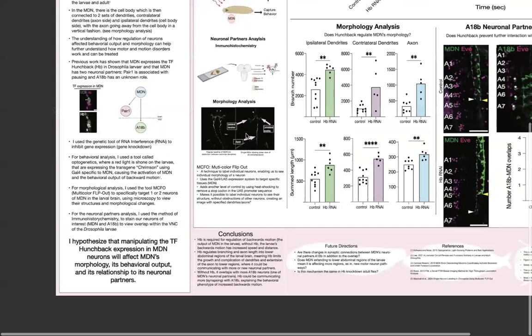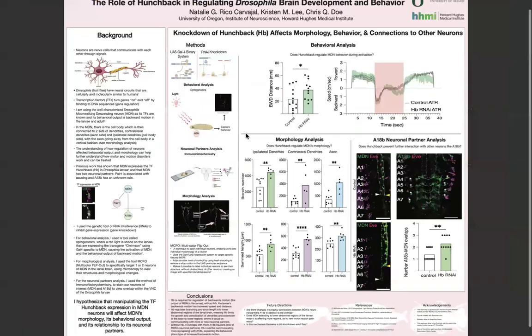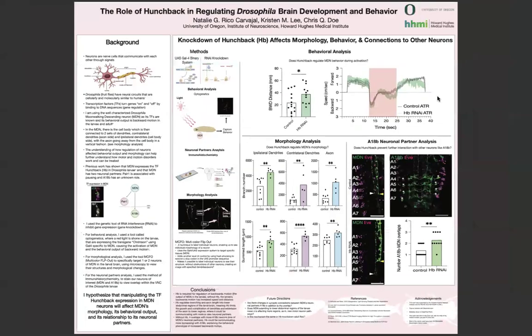And so the big overall arching idea was that Hunchback, of course, is a transcription factor, so it's affecting MDN, and we know that it's getting expressed in MDN. So my hypothesis was that manipulating the transcription factor Hunchback in MDN, or the moonwalking descending neuron, will affect its morphology, its behavioral output, and its relationship to its neuronal partners.